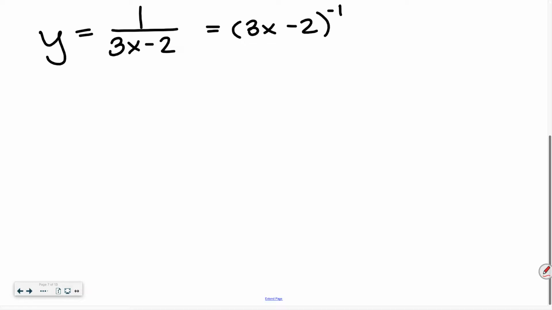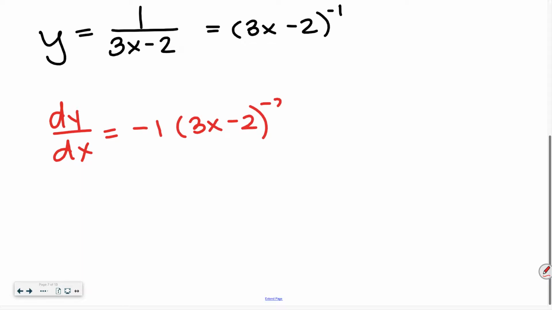Okay, the quotient rule, is it messy? The quotient rule is messy. Watch this. I have now written it as a composition. We can now take the derivative of the outside. We have a power rule, times the derivative of the inside.